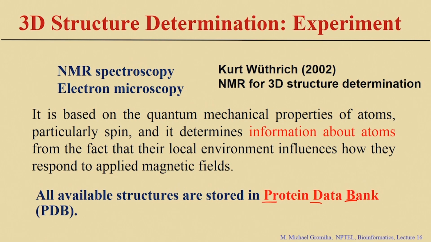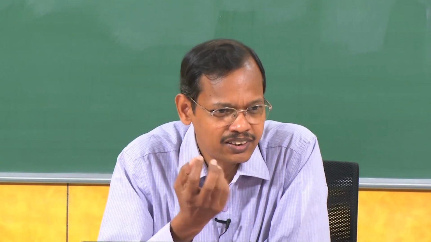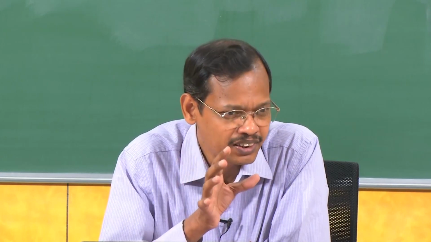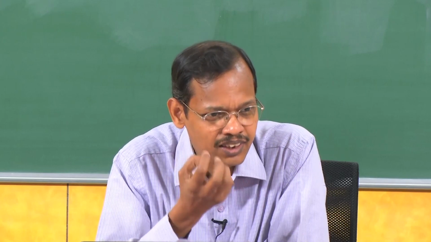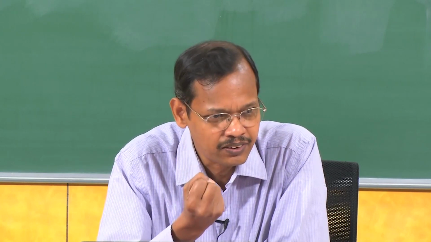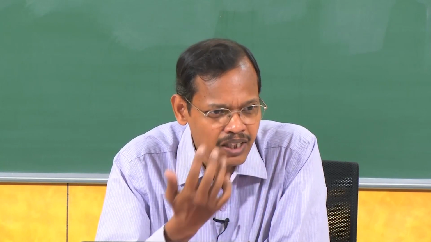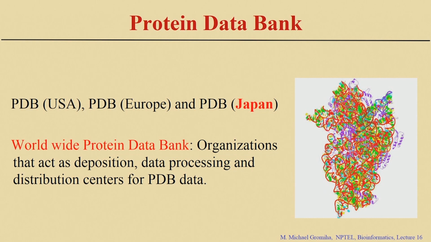In 1977, Brookhaven National Laboratory started to collect the structures of proteins. At that time there were only 8 to 15 structures. They gathered the structures and started to develop a data set. Later, as more structures came up, they collected more and more, and they formed a consortium, the Research Collaboratory for Structural Bioinformatics.